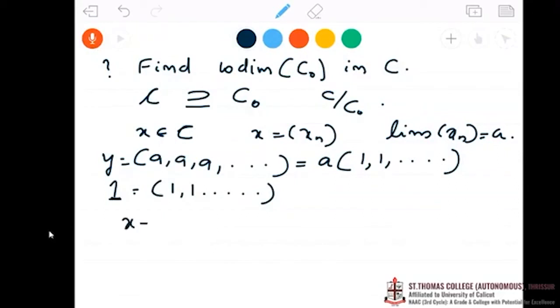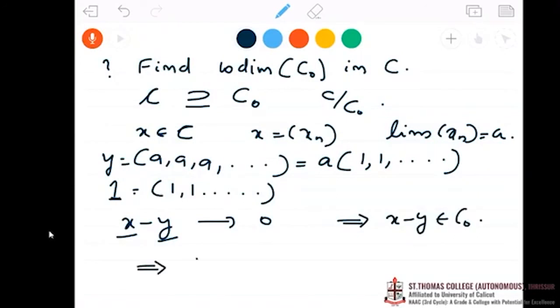Now what about x minus y? We know that x converges to a. y also converges to a. That means x minus y converges to 0, because both x and y converge to a. So x minus y is in c0. If x minus y is in c0, we know that class of x is the same as class of y.